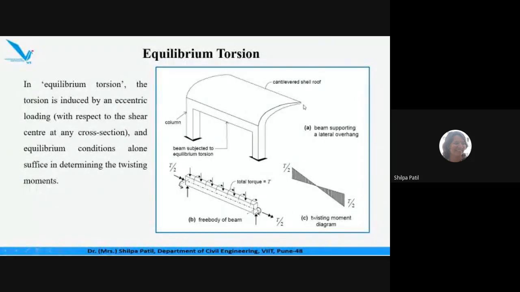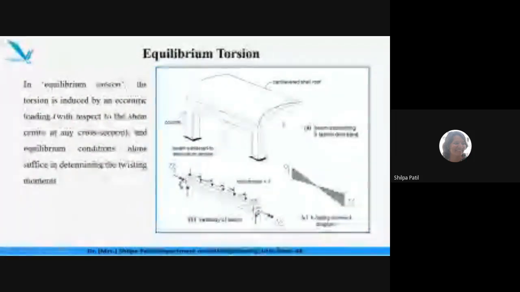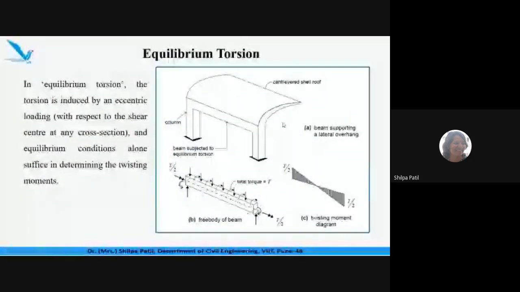Or just imagine a balcony which may be present in your current existing house. Now this is a cantilever shell roof in this particular example. So you can consider a cantilever slab which is normally there in case of the balconies.